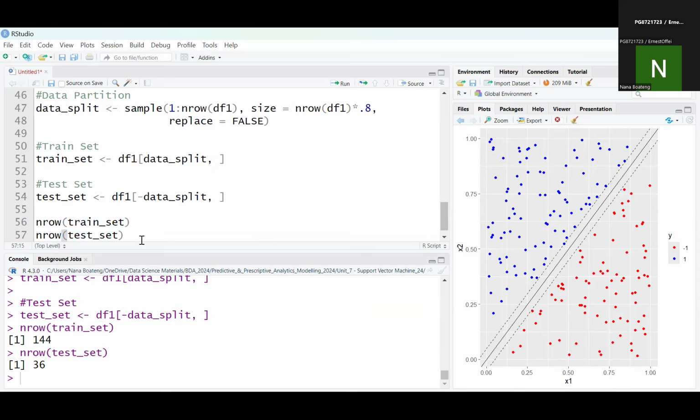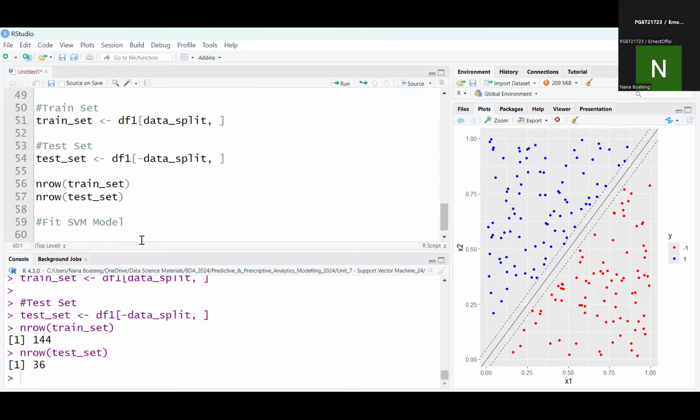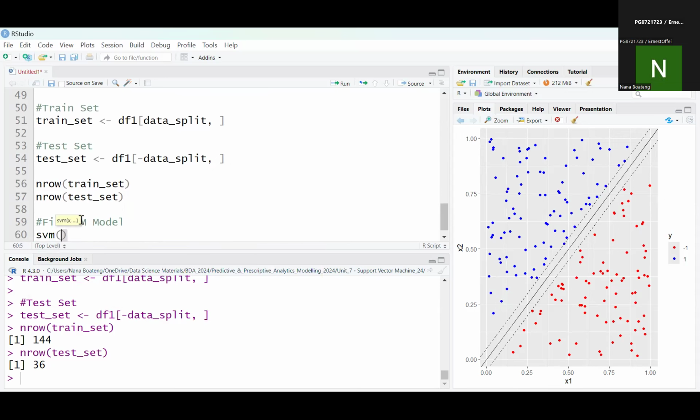Now let's fit our support vector machine model. So we use a function SVM. Remember that we are predicting Y. Let's have a glimpse of our data set.